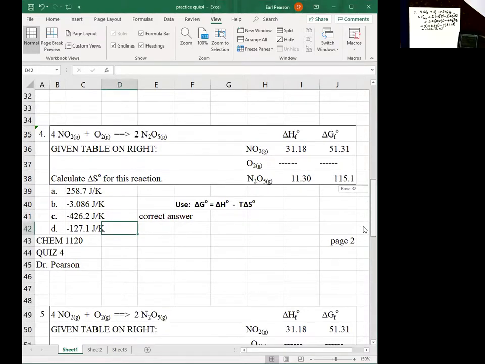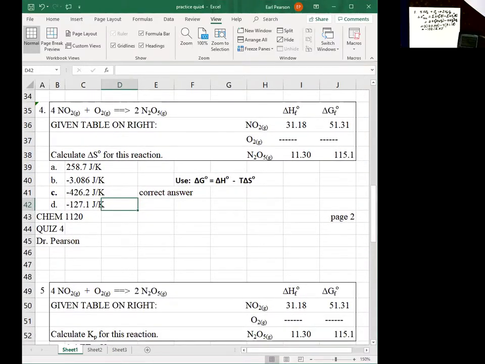Number 4 is, again, the same reaction. And in some of these problems, you can use an answer that you got earlier. I'm going to give you the same equations to work with so that you don't constantly have to do the same calculation over and over again. I'm doing it so it will save you time on the test.